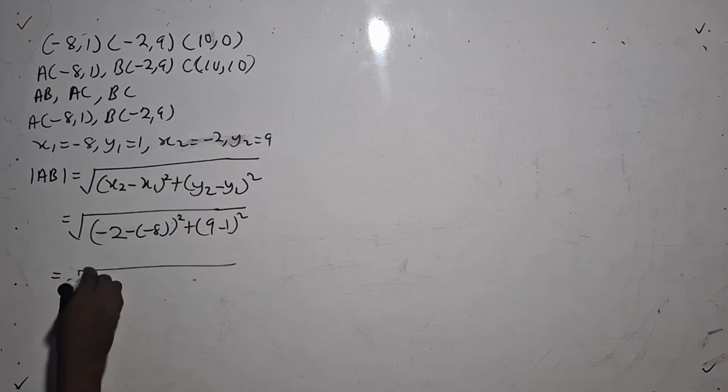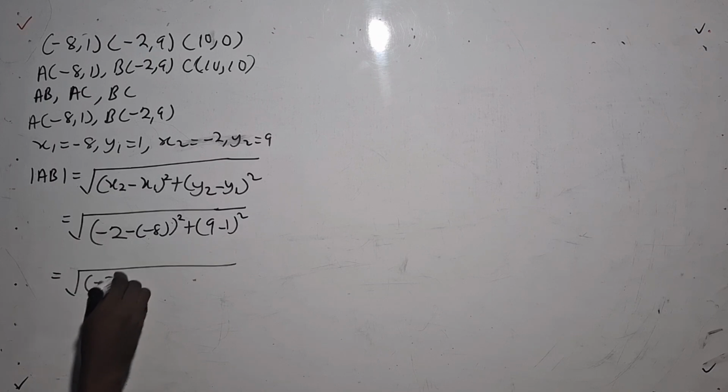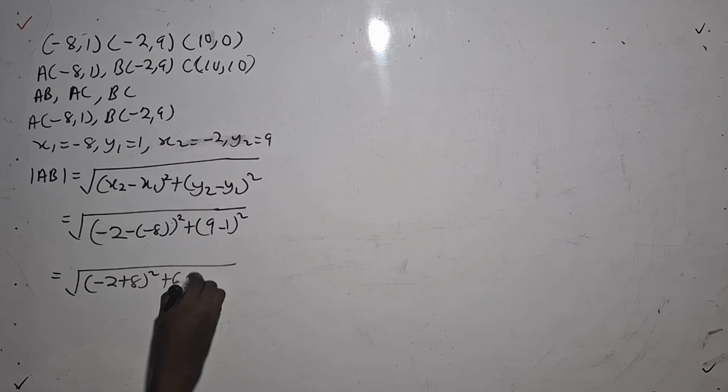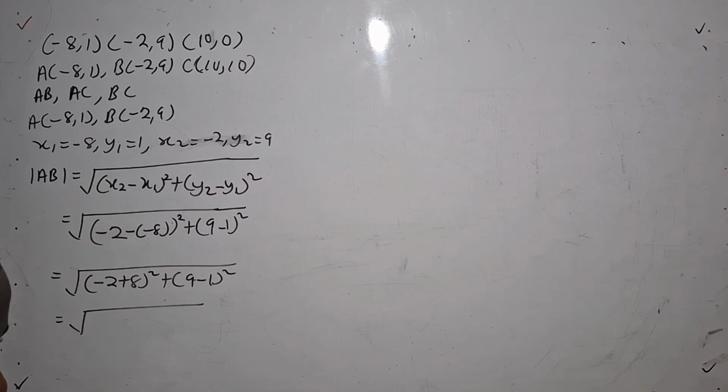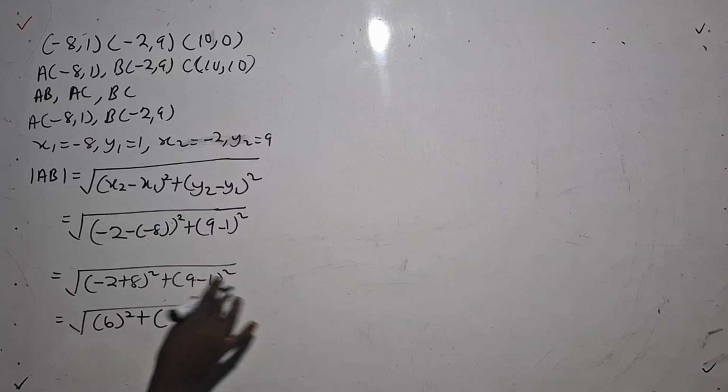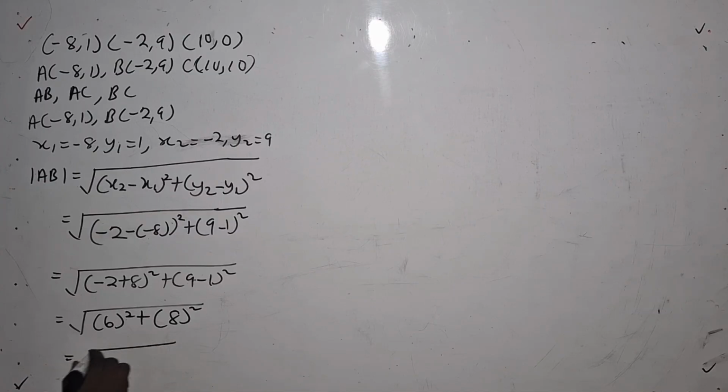So follow closely here. This one I'll get negative 2 plus 8 squared plus 9 minus 1 squared. So this one will give us 6 squared plus 8 squared.